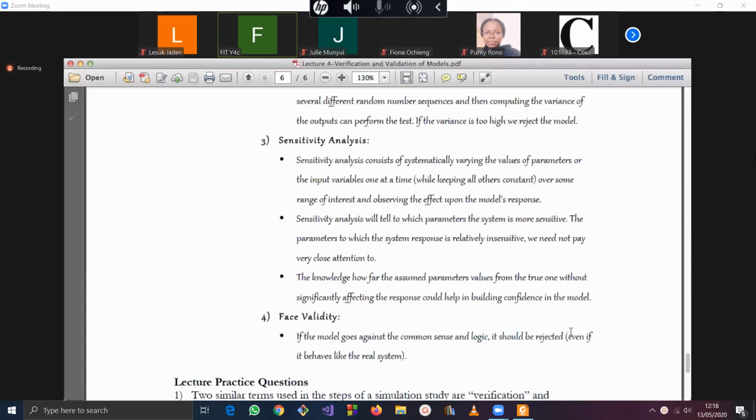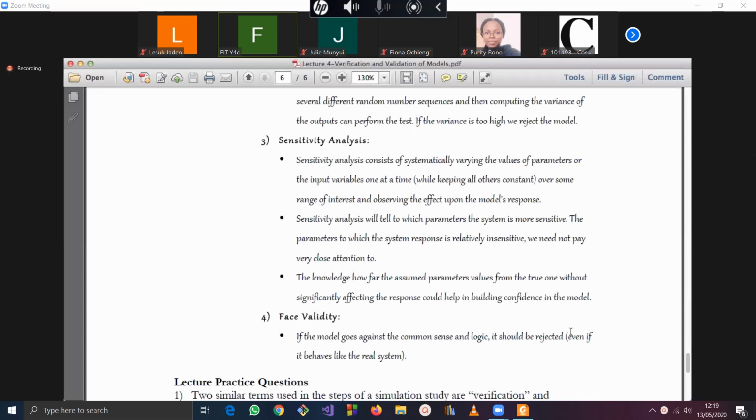The other one is face validity. You have always heard of face value and these kinds of things. Now, if the model goes against common sense and logic, it should be rejected, even if it behaves like the real system. That's what face validity means.